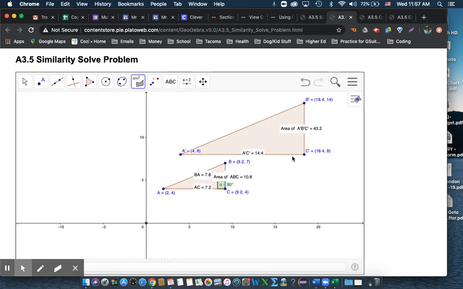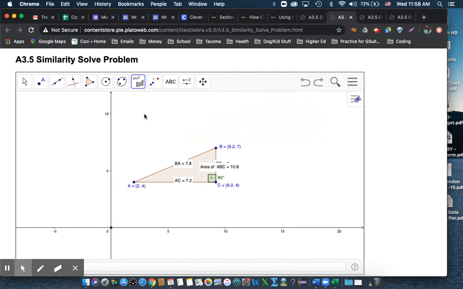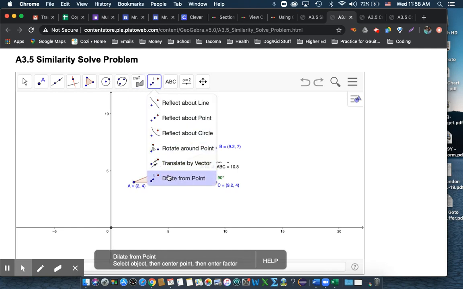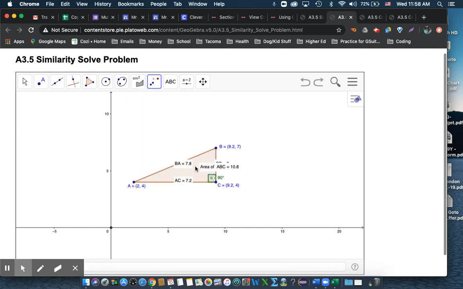So you'll go through the rest of the activity, noticing that the sides double, but the area quadruples because 2 squared is 4. If our scale factor was 3, for example, let's go backwards here a little bit. Let's get rid of some of this information. Let's dilate by 3.